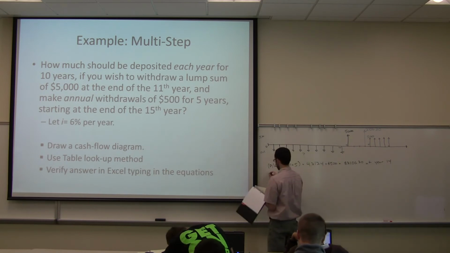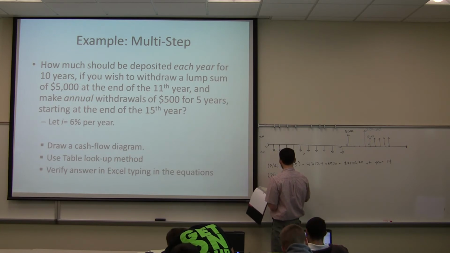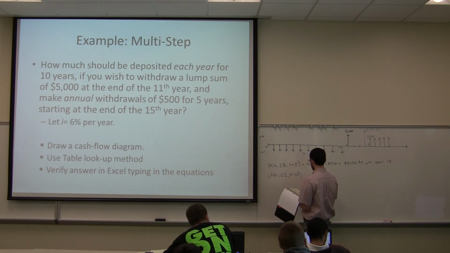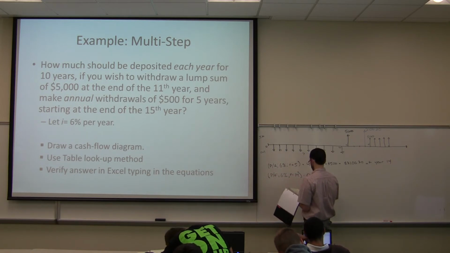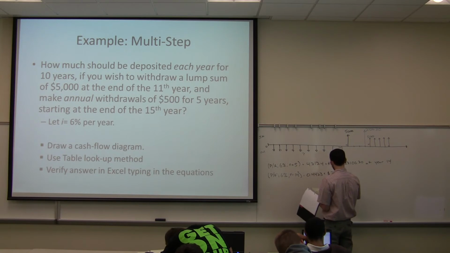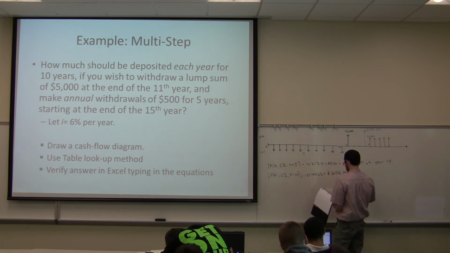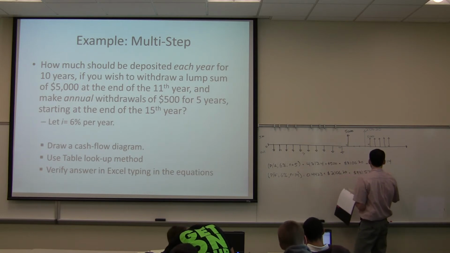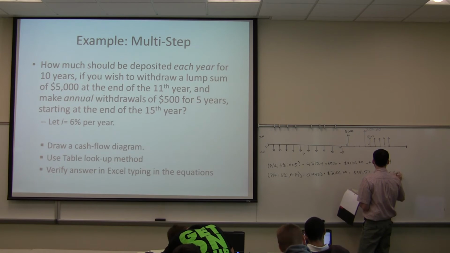And so now I'm going to take that 2106.20 from year 14 to year 0. Okay, so then I'm going to find the present given a future at 6%, n equals 14. So the factor there is 0.4423 times the 2106.20, and that gives me 931.57 at year 0.